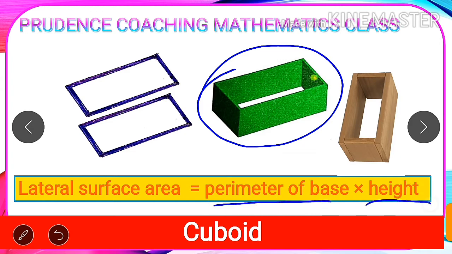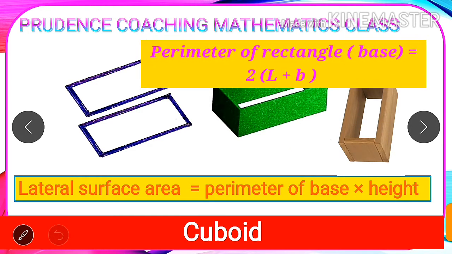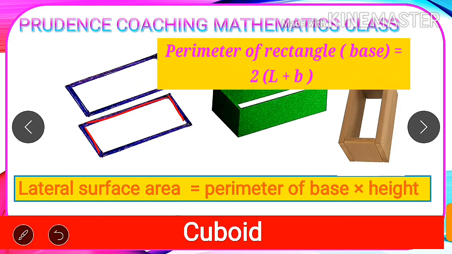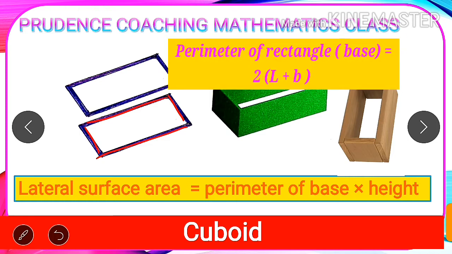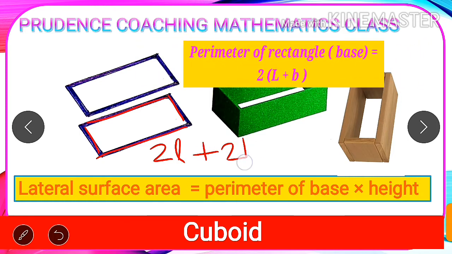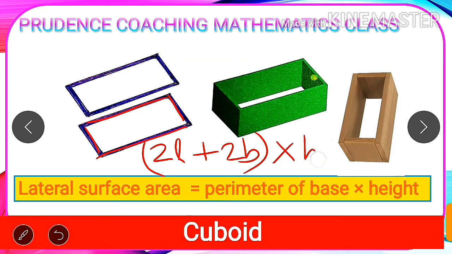So in order to find out the lateral surface area of a cuboid, you need the perimeter of the base into height. So the perimeter of the base is the sum of all these lines, that is the outer boundary, into height. The perimeter of the rectangle or the base here will be 2 breadth and 2 length, which we can write as 2L plus 2B. With this we need to multiply the height, because by adding more and more perimeter the height is increasing, and by doing that we are getting the lateral surface area.